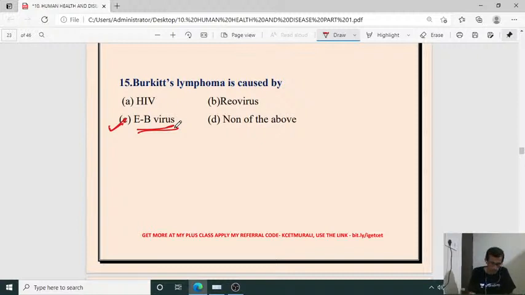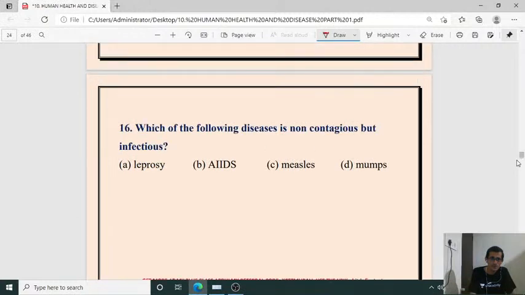Next question, number 16. Which of the following diseases is non-contagious but infectious? That is AIDS. It is not spread through direct touching.